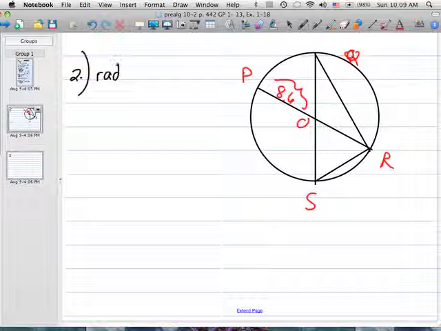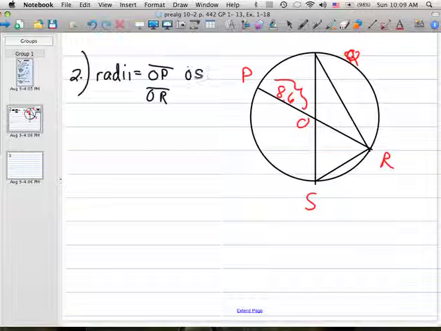So radii from the center to the outside of the circle would be line segment OP, line segment OR, line segment OS, and line segment OQ. This was Q here.